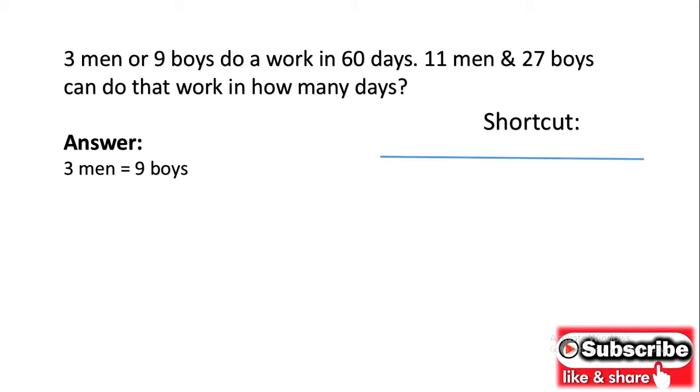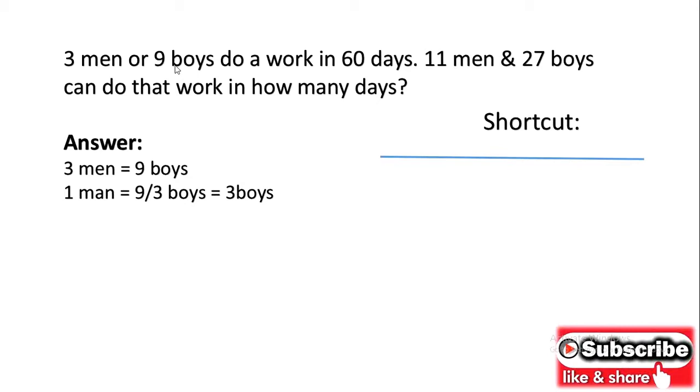Okay, so here you can see from the first sentence that 3 men is equal to 9 boys. Then we can find out that 1 man is equal to how many boys. So if 3 men is equal to 9 boys, then 1 man will be fewer boys, so it will be division, right? 9 divided by 3 equal to 3 boys.